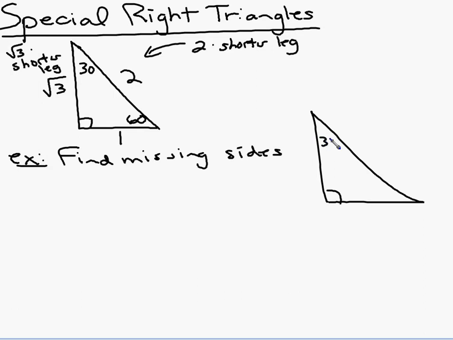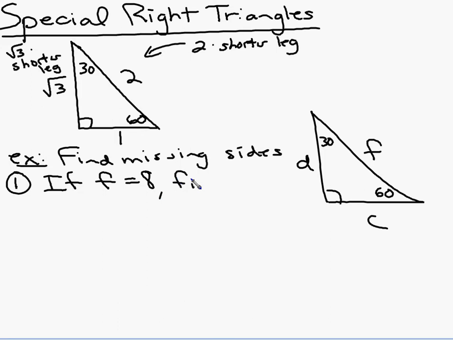Hopefully it'll be drawn better than that one I just drew. They're going to label the sides, and they're going to say, this side is C, this side is D, and this side is F. And they're going to give you some information. How about this? If F equals 8, find C and D.